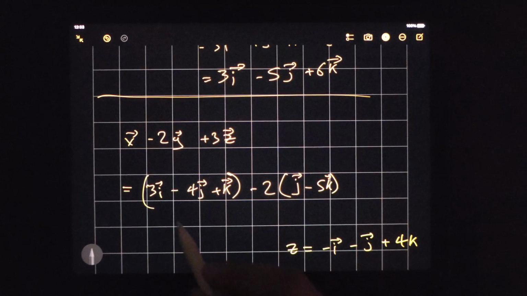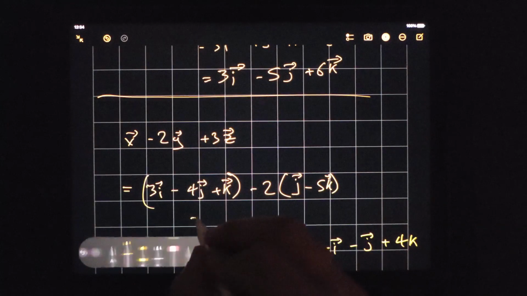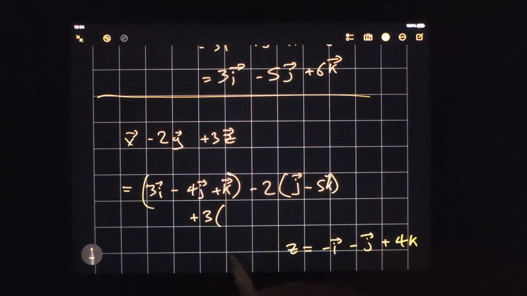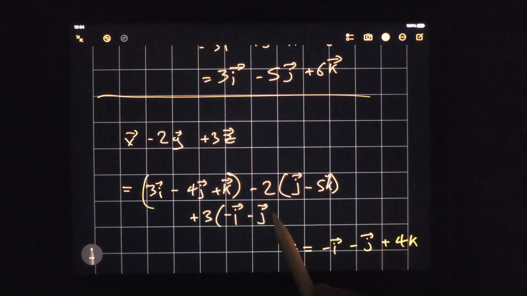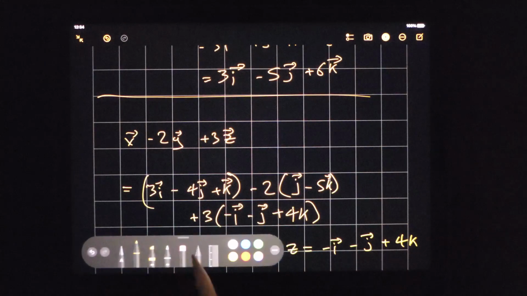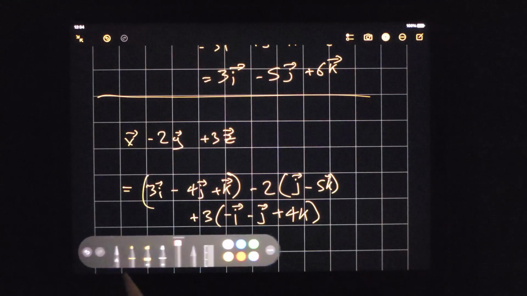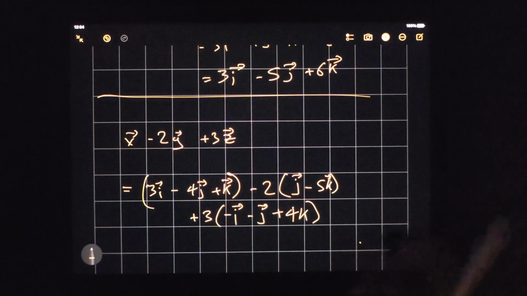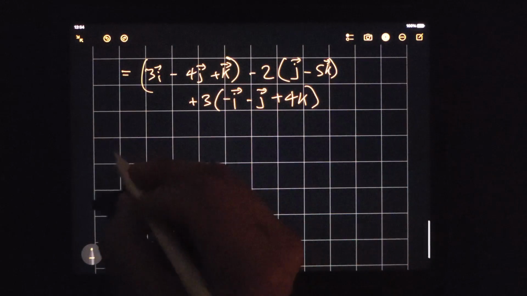Plus 3 times negative i minus j plus 4k. So let's open this up.